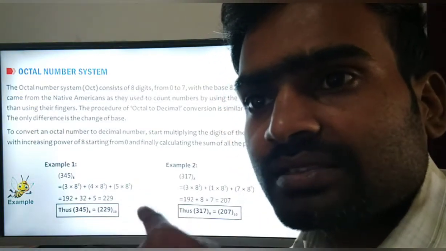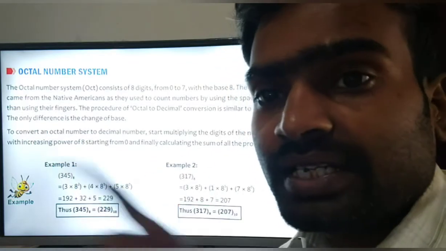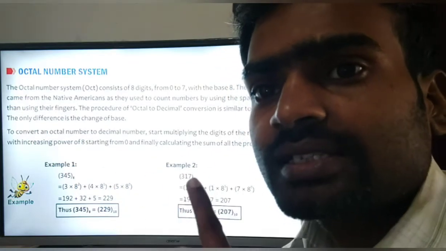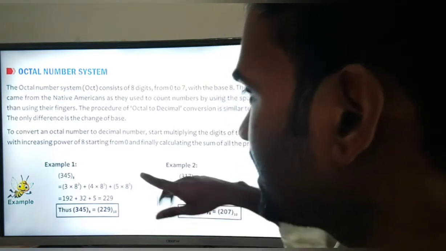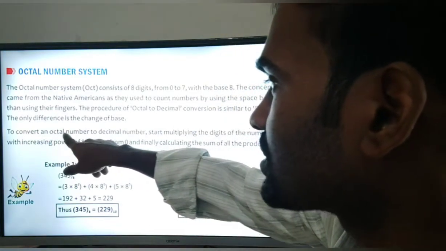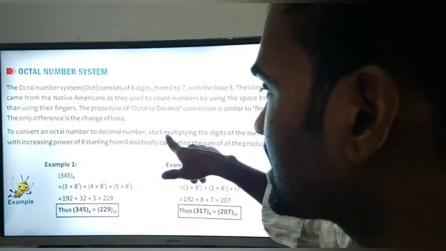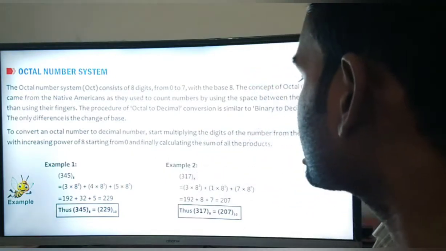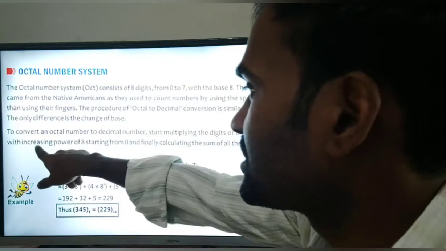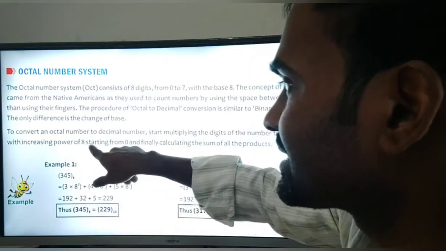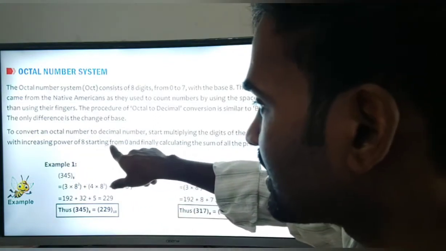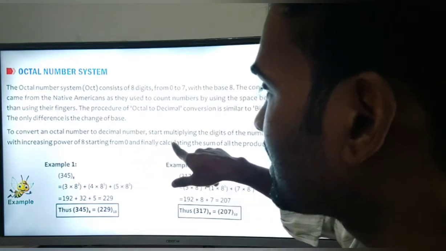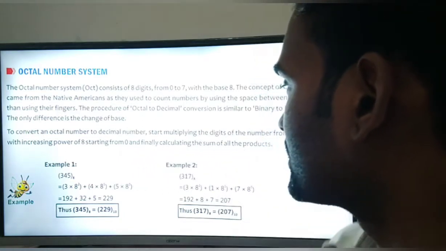Why? Because this is an octal number system, and that is a binary number system. Clear? To convert an octal number to a decimal number, start multiplying the digits of the number from the right hand side with increasing powers of 8 starting from 0, and finally calculate the sum of all the products.